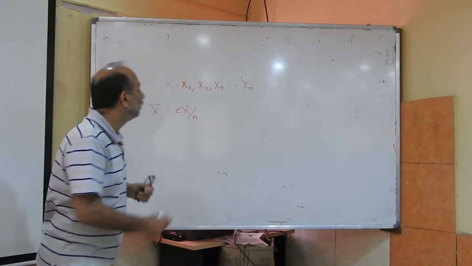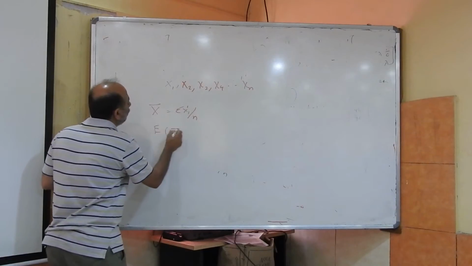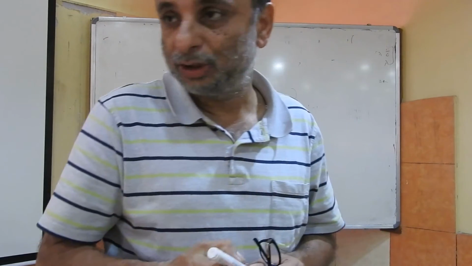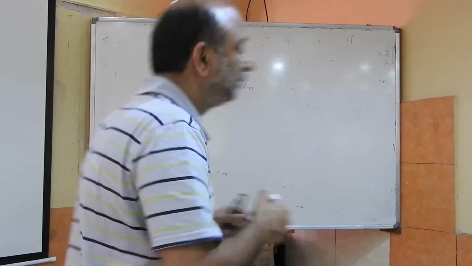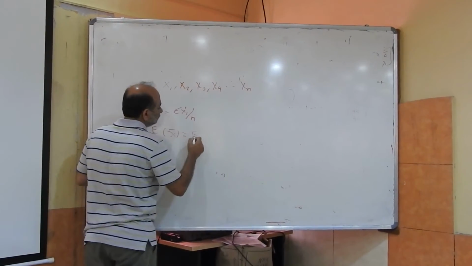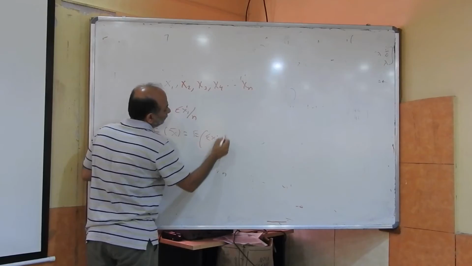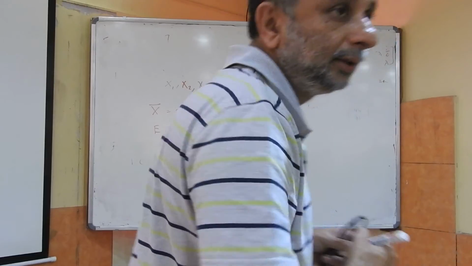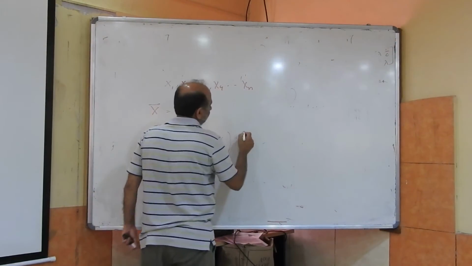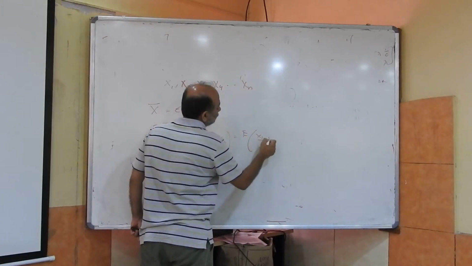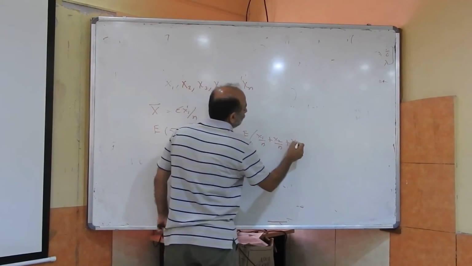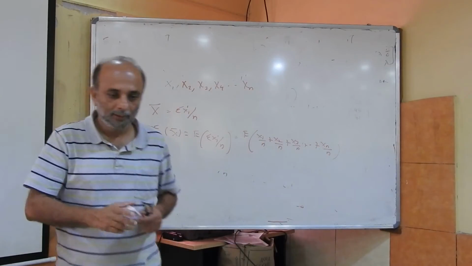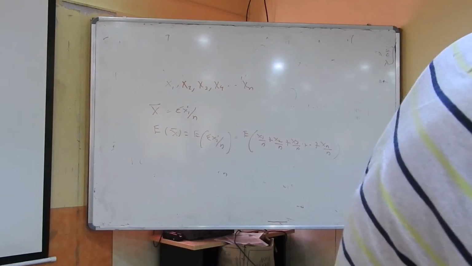What we want to do is find out the mean of x bar. What is the mean of x bar? Expectation of x bar, which is the expectation of summation xi upon n, which is the expectation of x1 upon n plus x2 upon n, and so on.